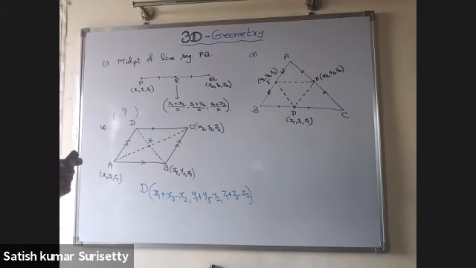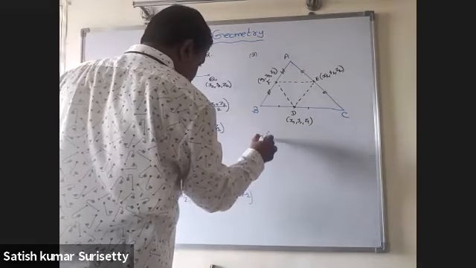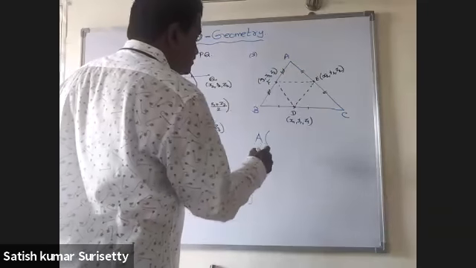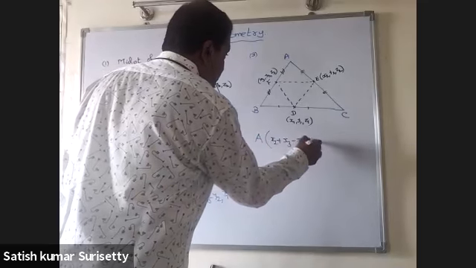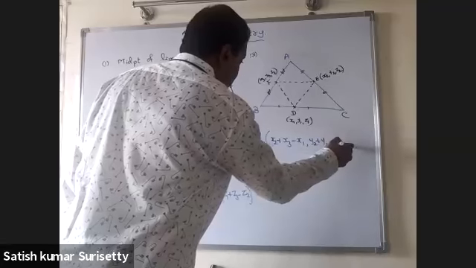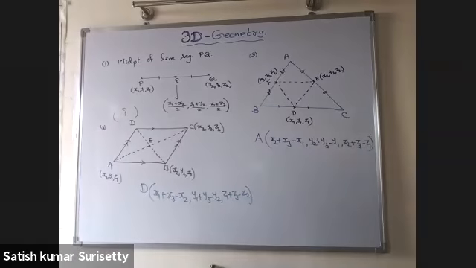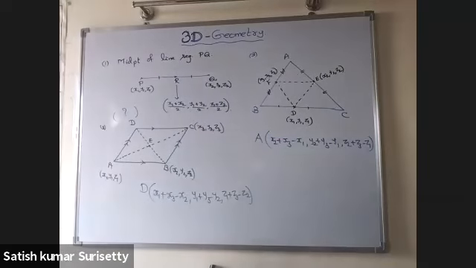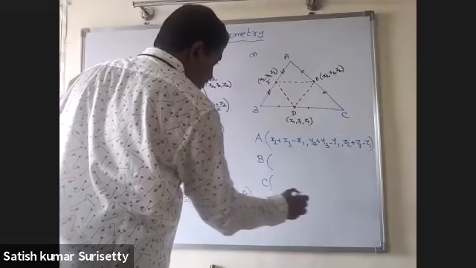Then the vertices of the triangle ABC are A(x2 plus x3 minus x1, y2 plus y3 minus y1, z2 plus z3 minus z1). Since AFDE is a parallelogram, in a similar manner, write the coordinates of B as well as C.